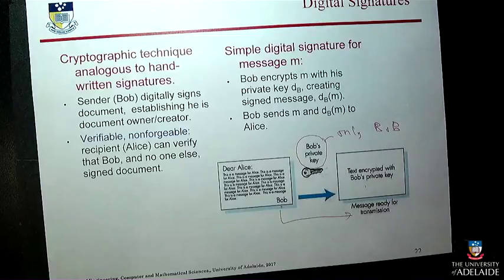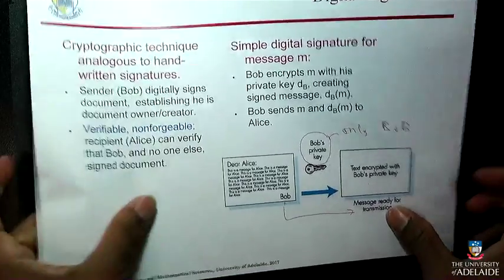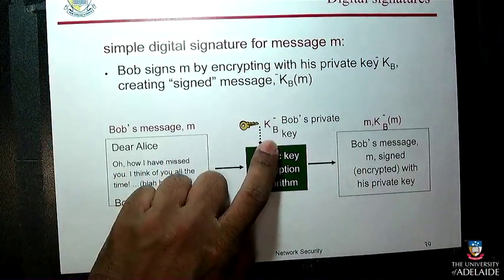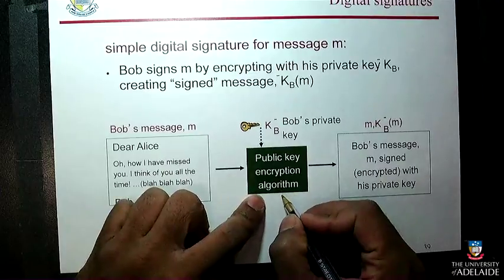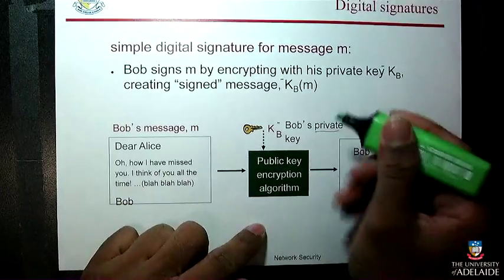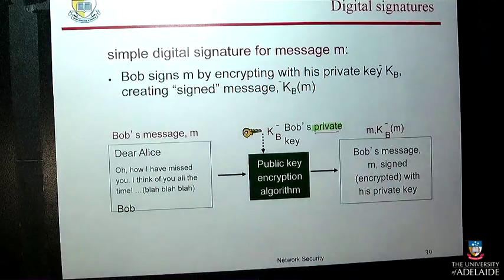So we can use a public and private key crypto system to sign messages. Take Bob's message M. Bob takes his private key and then encrypts it. Remember, it's always the private key. Please don't forget, because this is the secret that only Bob knows.